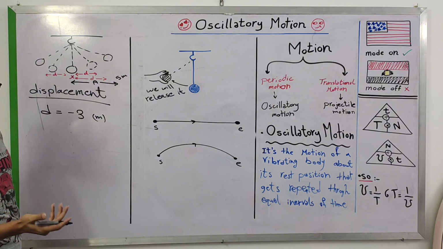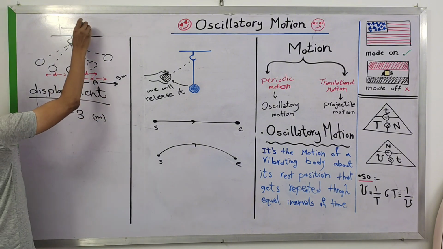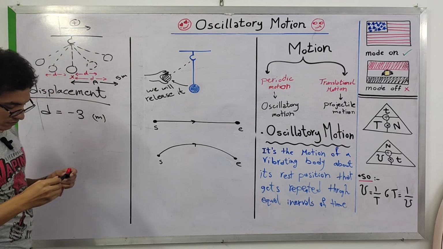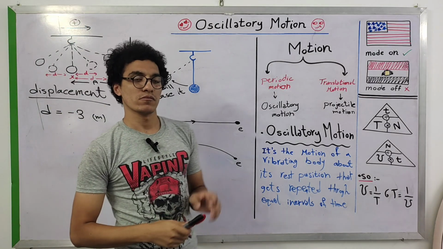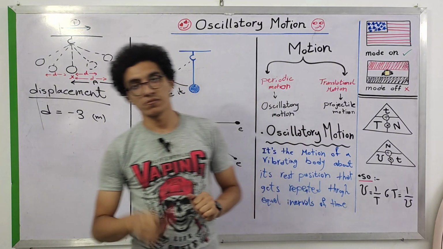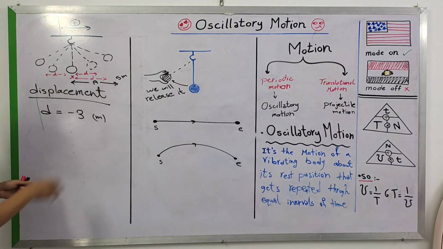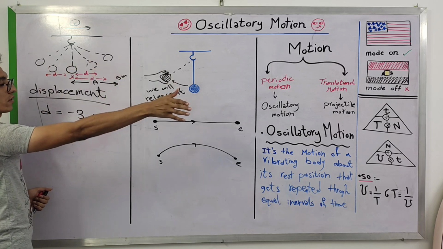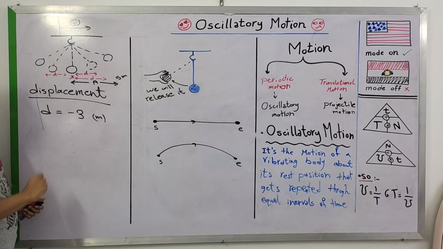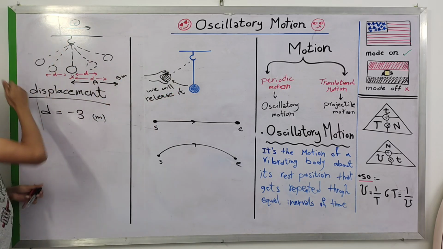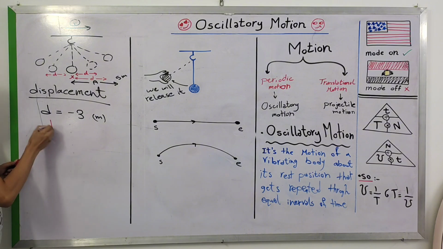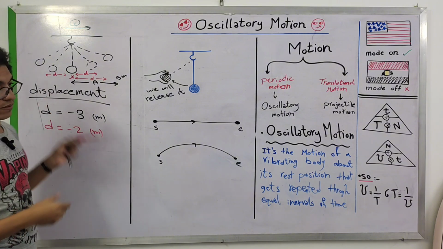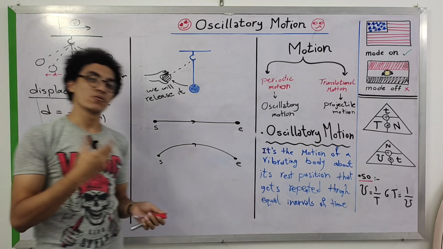How can I know this? In the problem, you will find a positive or negative sign. If the vibrating body goes right, the displacement will be positive. The other side will be negative, and the unit of displacement is the meter.